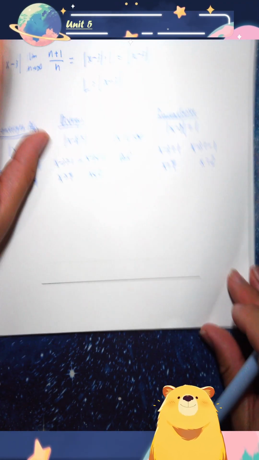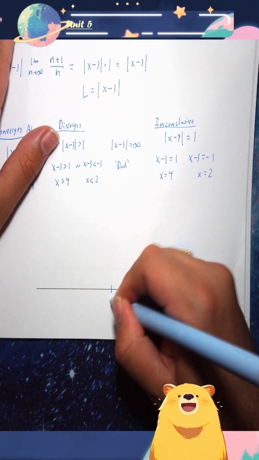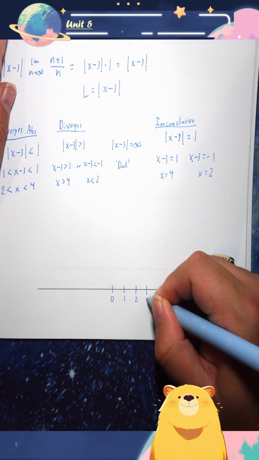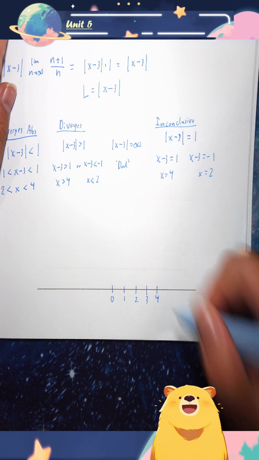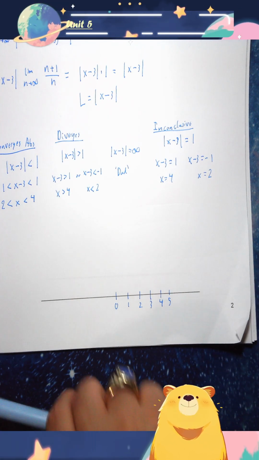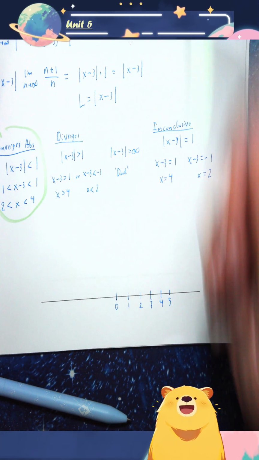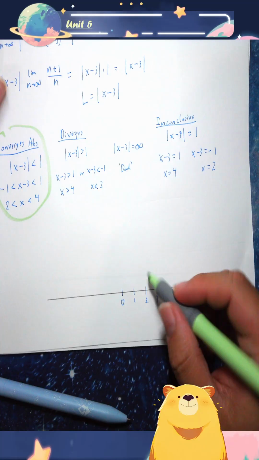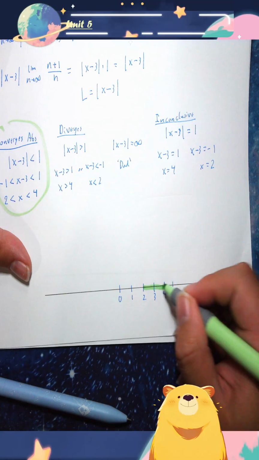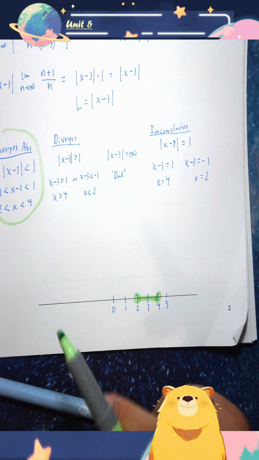Let's use this conveniently placed line. So this is 0, 1, 2, 3, 4. Here, I'm going to do 5 as well. For converges absolutely, we'll have the period from here to here, but with a circle defined at the ends.